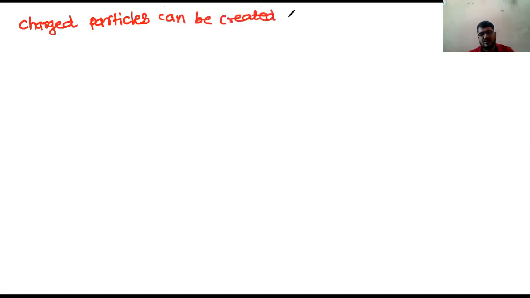So, charged particles can be created by disturbing neutrality. How? Okay, charged particles can be created by disturbing neutrality of an atom.